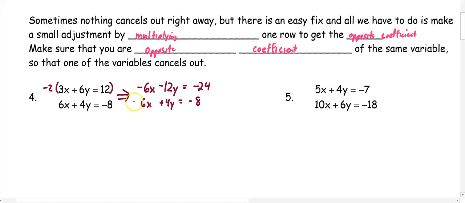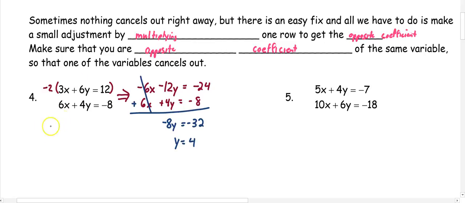Now when I go to add my equations, my x's cancel out because they have opposite coefficients. So I now have negative 8y equals negative 32. When I divide by negative 8, I get that y is 4. Once I know y is 4, I can go back to one of my original equations.